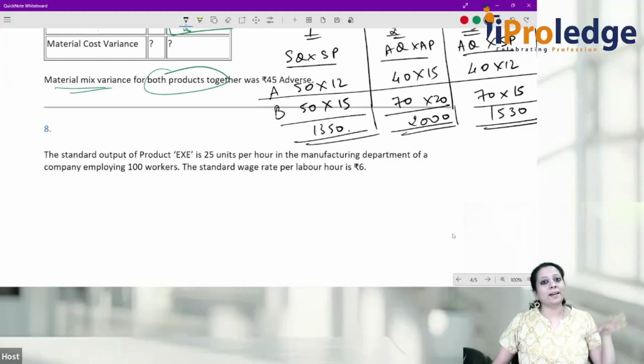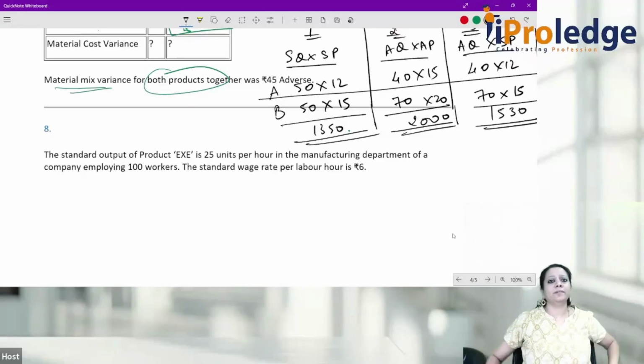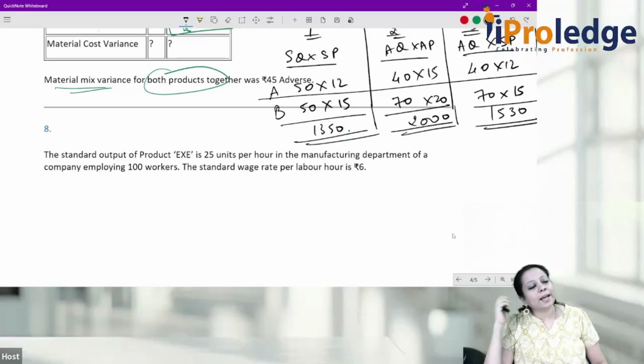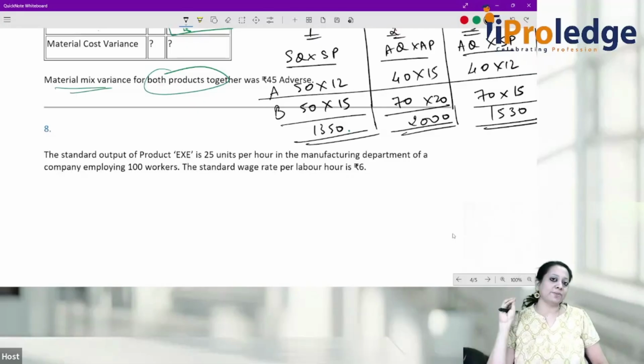Actual hours paid, if it is abnormal idle time due to the company's organization side, I have to be paid for it. I came to work, power failed, they have to pay me. So actual hours paid and actual hours worked will be different. That is one of the reasons. Second reason. Third reason is what?